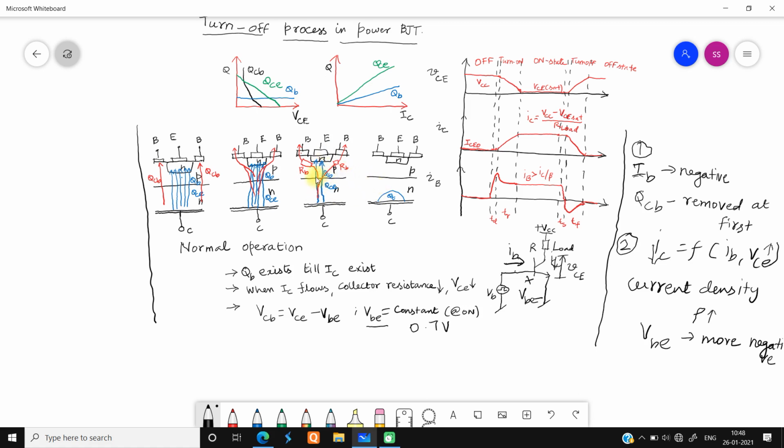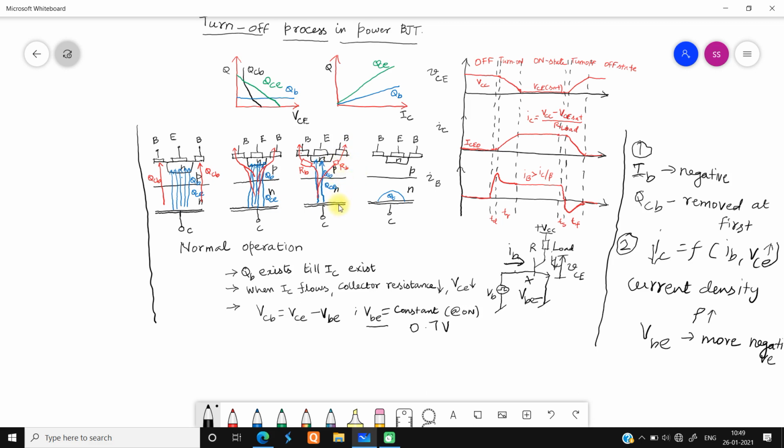Since the charge is pulled up, the area covered by this emitter will be reduced. So the QCE and the QB charges will be reduced upon the area of this base resistor spread.